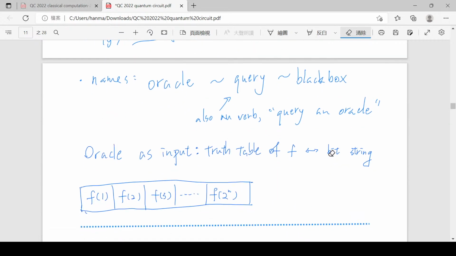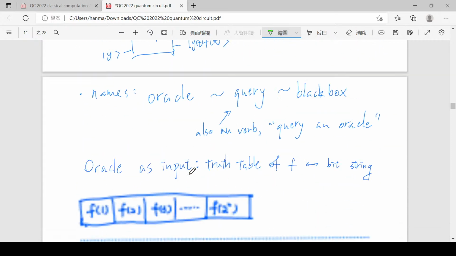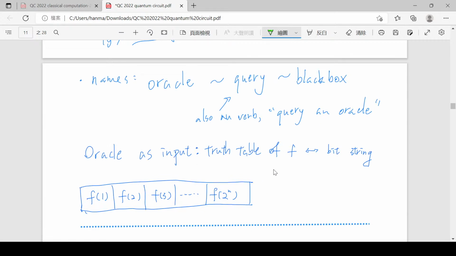So the very confusing thing here is there are 2 inputs. I don't have a good way to distinguish them, but I just need to not confuse them. There's one input that is the input to f of x, that is x, and also this whole truth table of f as the input to your outer algorithm. Hopefully you don't confuse them too much. Those 2 inputs have different sizes.